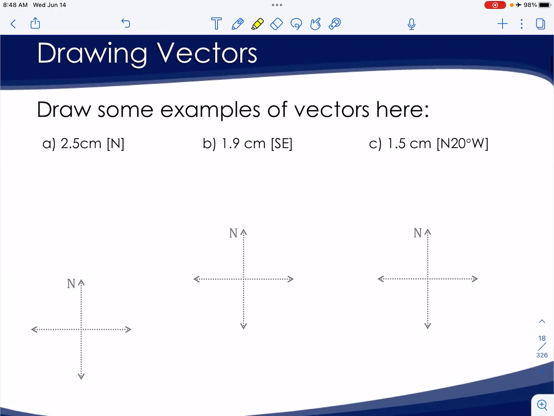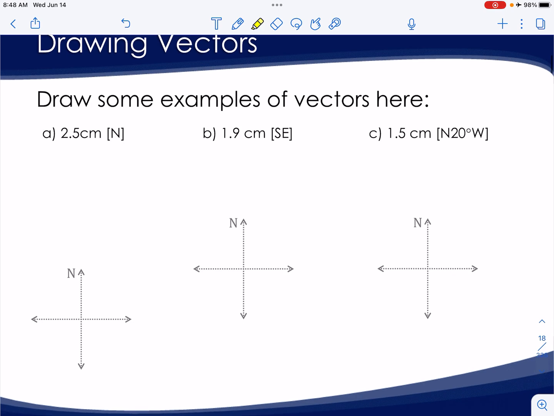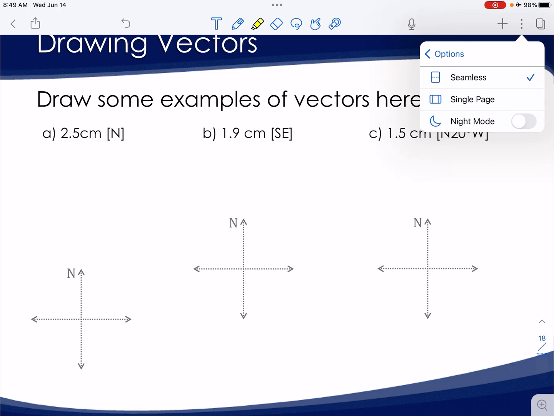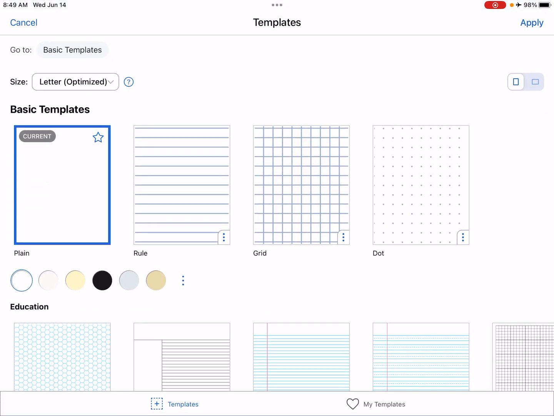Let's do some examples here. Pause the video and you can get out a ruler and do this yourself. Now, I don't happen to have a ruler here, but what I can do is change this into graphing paper or a grid.